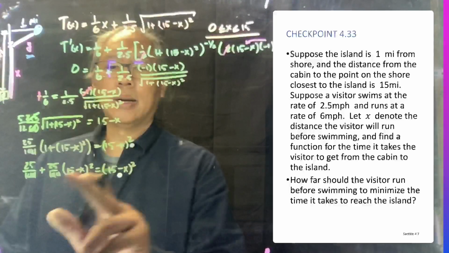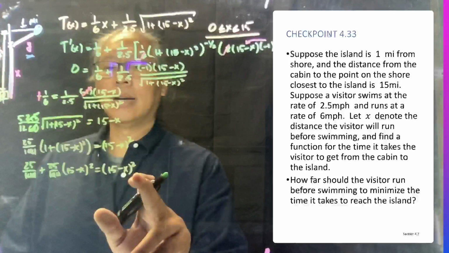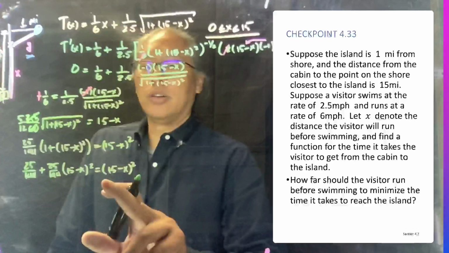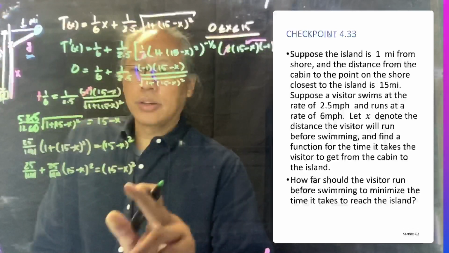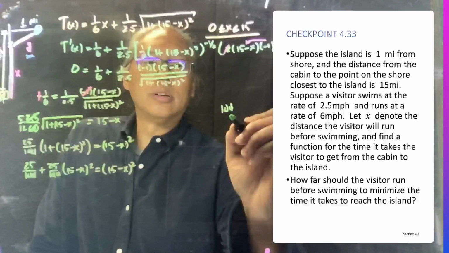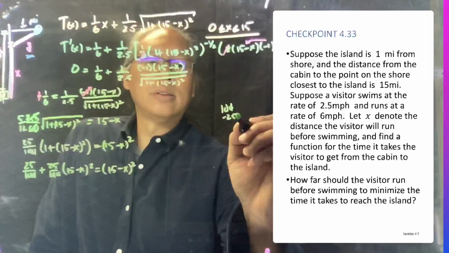I'm going to subtract this from both sides. So I'm going to need to have 144 divided by 144, which is essentially 1, minus this. So I need to figure out what 144 minus 25 is.